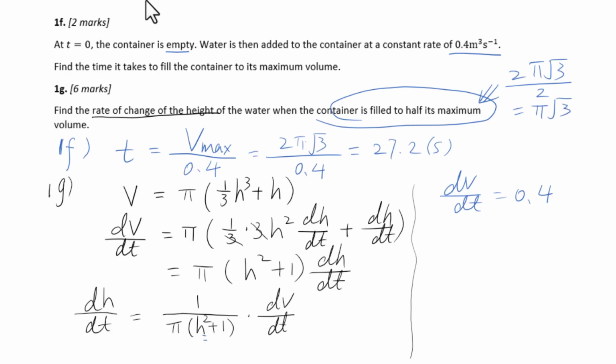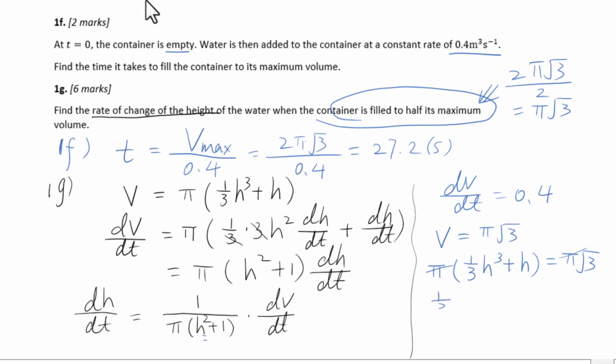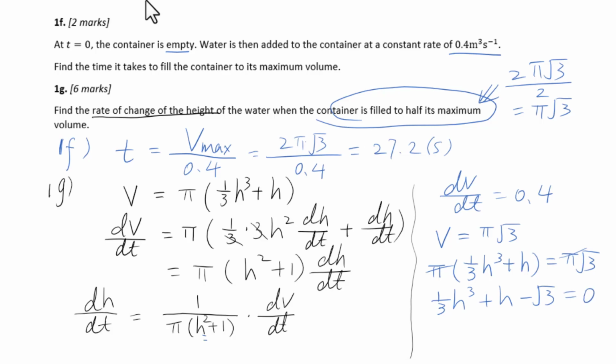We will set up volume equals pi square root of 3 to figure out h. For volume, pi times 1 over 3 h to the third power plus h equals pi square root of 3. Reduce pi on both sides: 1 over 3 h to the third power plus h minus square root of 3 equals 0.